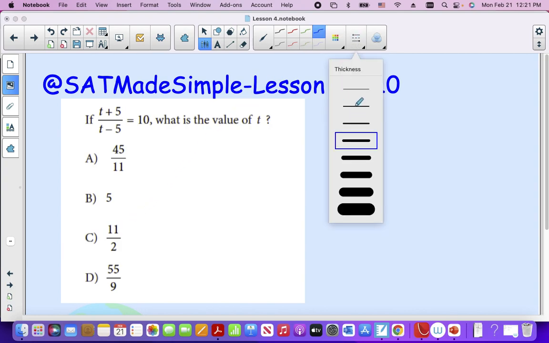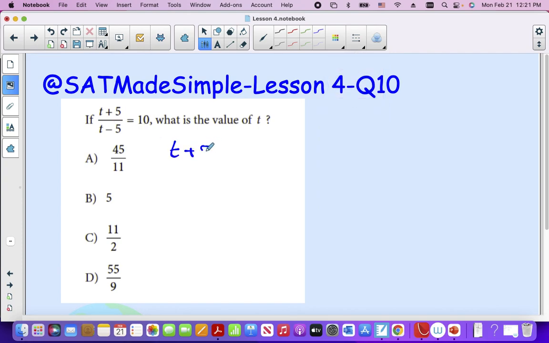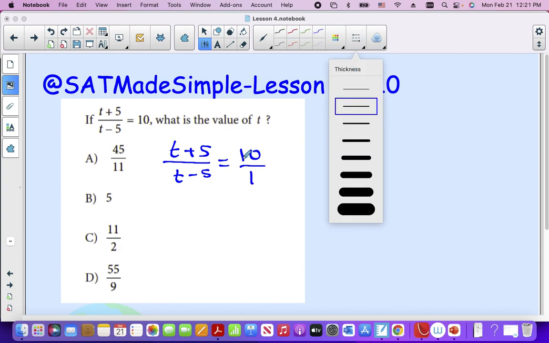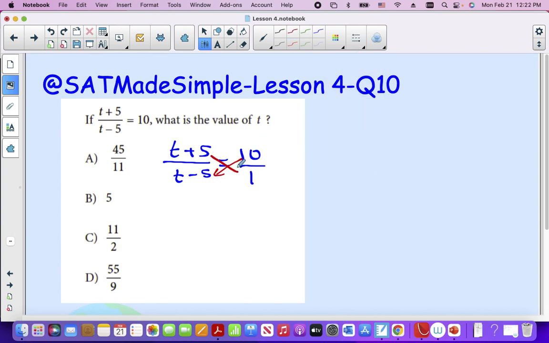We have an equation we need to solve for t. Basically, I put the equation and I cross multiply: t minus 5 over t plus 5 is equal to 10 over 1. Cross multiply the two: this is times 10 and this is times 1. That'll give me 10t minus 50 equals t plus 5. Move the 50 there, bring the t in here.